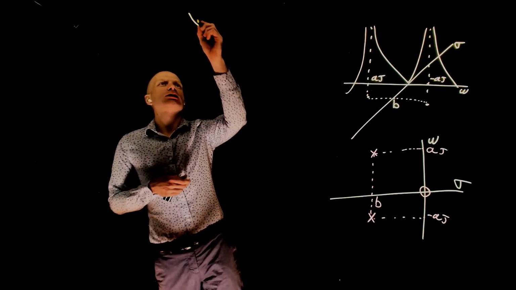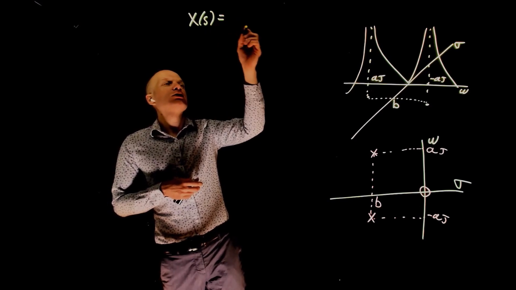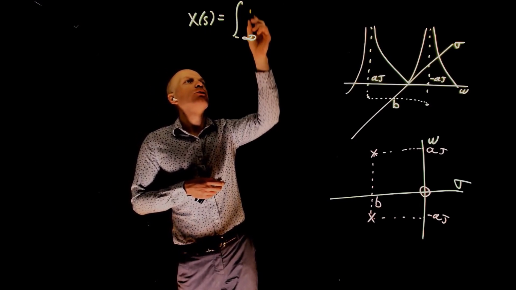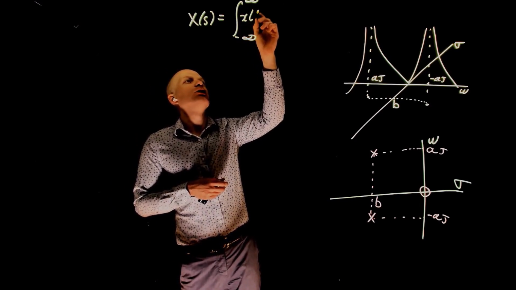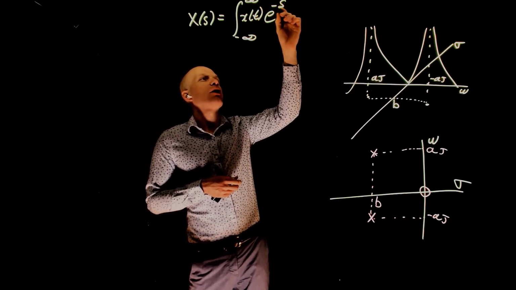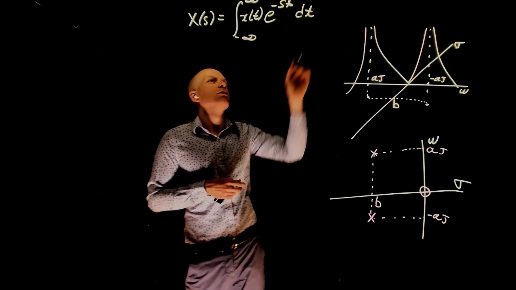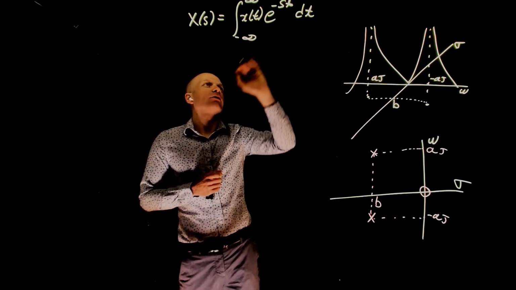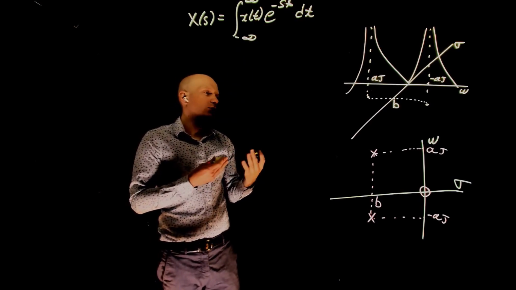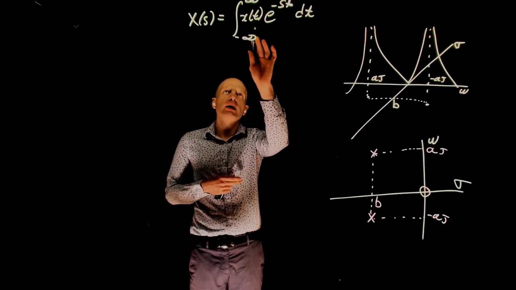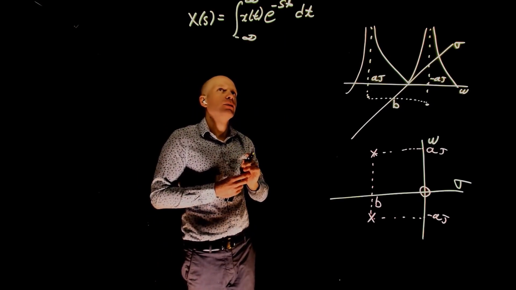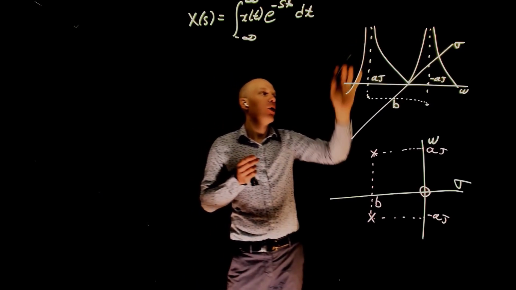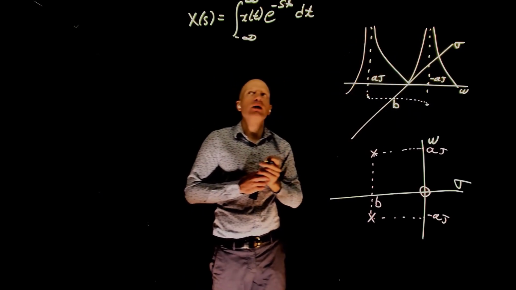Our function x of s was defined as the integral from negative infinity to infinity of x of t exponential of negative st dt. Exponential of negative st is what we use again to create the probing signals. Compare that with x of t through the integration. The result of that integration are points on this three-dimensional plane.